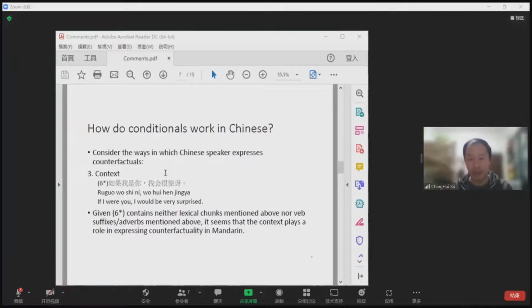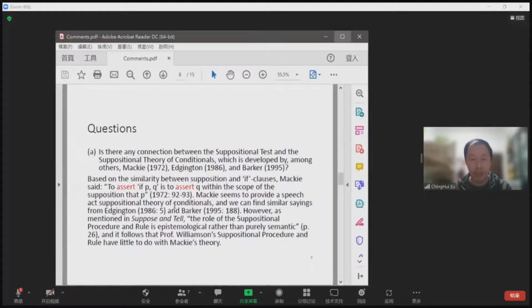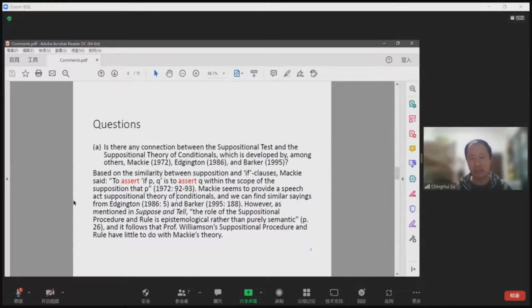Now let's go back to Professor Williamson's lecture on counterfactuals. Here are my questions. Is there any connection between the suppositional rule and the suppositional theory of conditionals, which is developed by Adams, Mackay, Edgington, and Barker? Based on the similarity between supposition and the if clause, Mackay says to assert if P, Q is to assert Q within the scope of the supposition that P. Mackay seems to provide a speech-act suppositional theory of conditionals, and we can find similar sayings from Edgington and Barker.